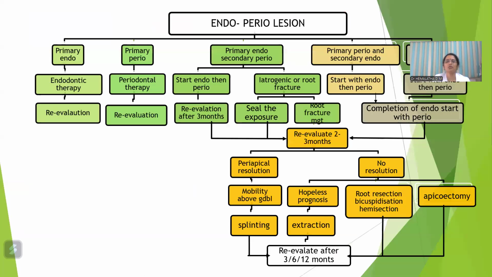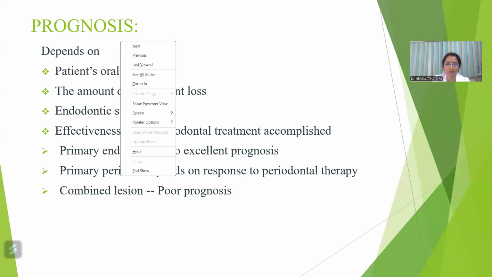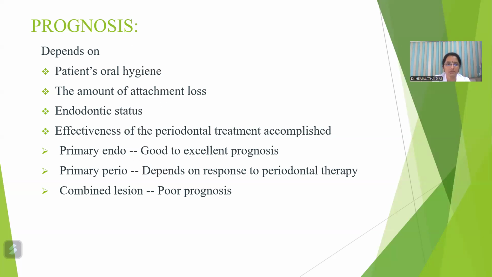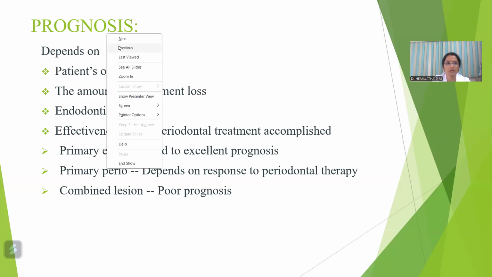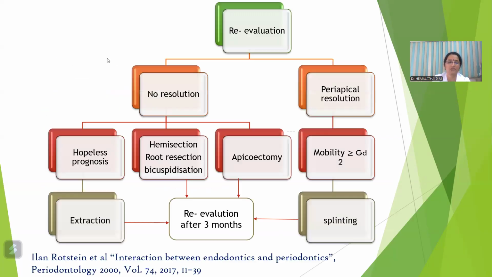And coming on to the treatment plan, you might be seeing a very big decision tree with many classifications. So in primary endo, what is the significance? In primary perio, what is the significance?